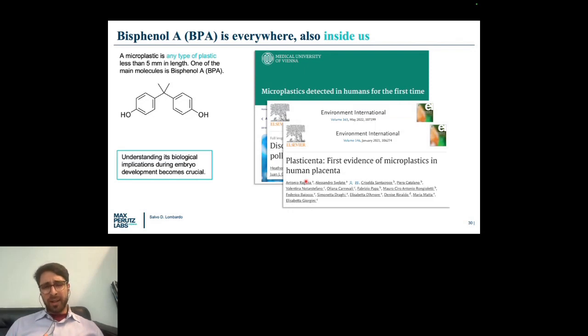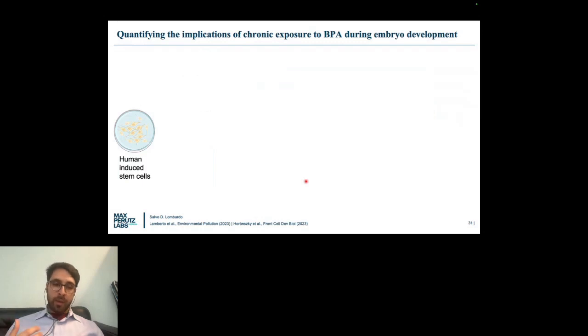And so we were wondering how this chemical compound will change the cell fate or change the interactions of the proteins that are responsible for a normal human embryo development. And the way we have done that in collaboration was that we started with a human induced stem cell setup, which are, let's say, cell lines that are made pluripotent again, so they can differentiate to many other cell types.